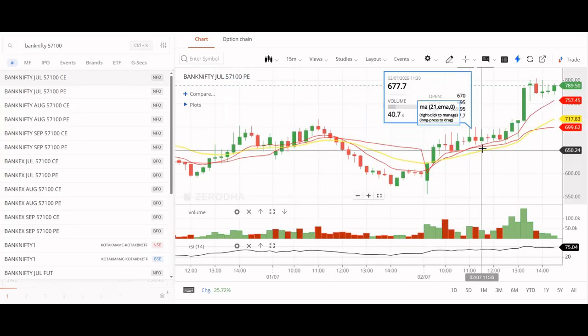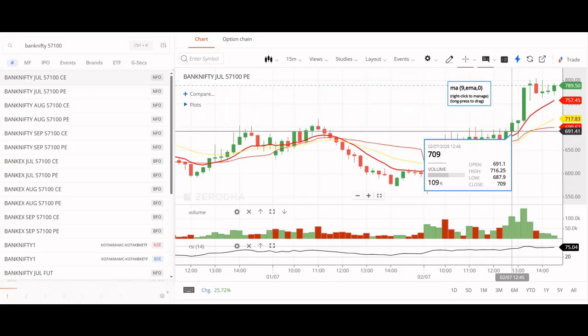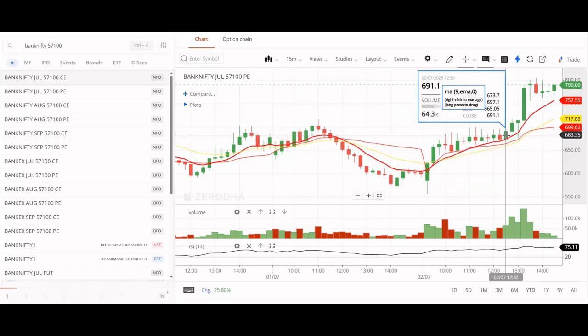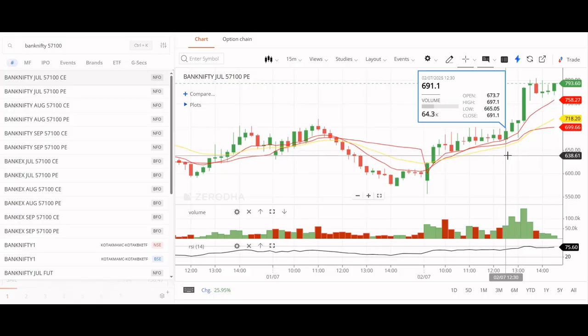Today at 12:30, the close of this candle is around 691 rupees. We might have entered at 12:30 in the put option, because the market is going down. If it is going down and you want to make a profit, we should go with put option buying. That's what we discussed in the previous video.